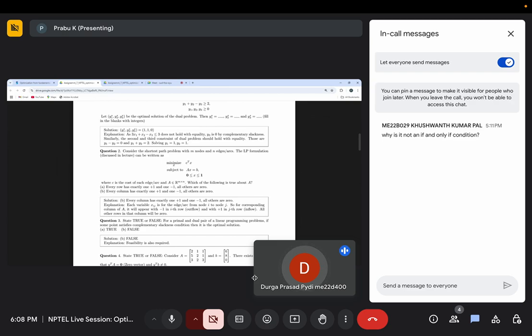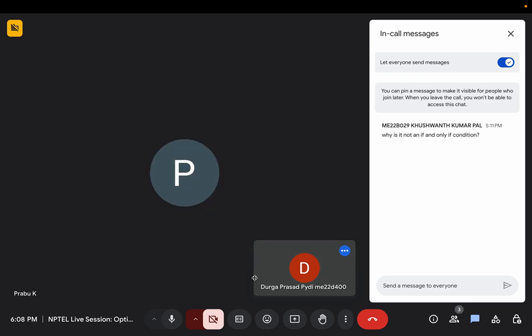Okay, when we wrote the equations last week, how did we get the equations? Let me just share the screen.